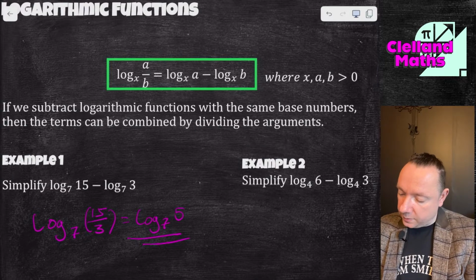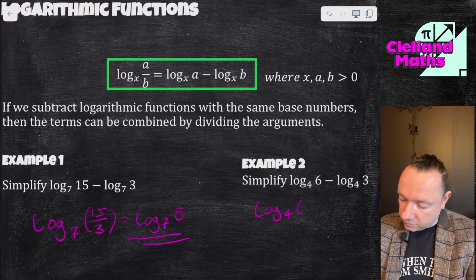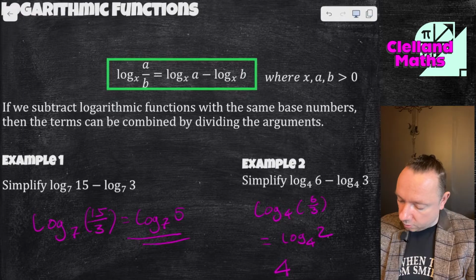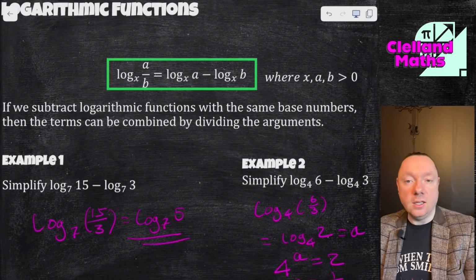Second example, log base 4 of 6 minus log base 4 of 3, make sure the base is the same. Log base 4 of 6 over 3, that's log base 4 of 2. So that means 4 to the power of something, let's call it A, equals 2. Well, we could say A is a half then. Square root of 4 is 2. So it's a half. And we're done there.